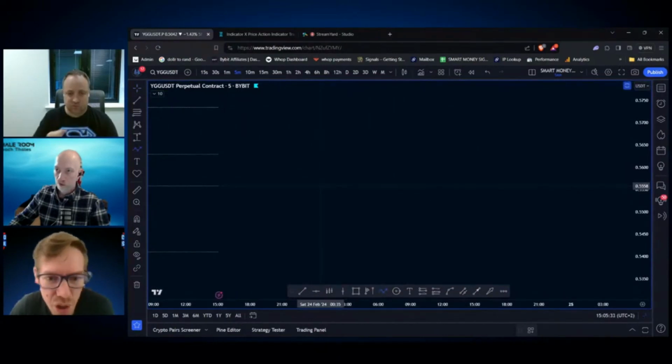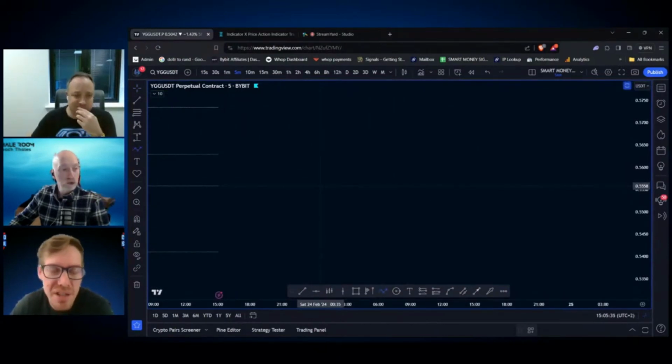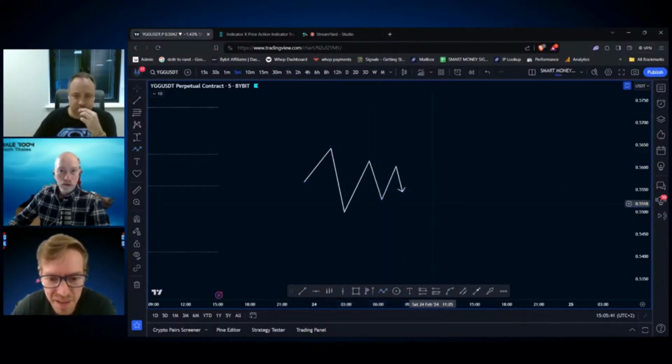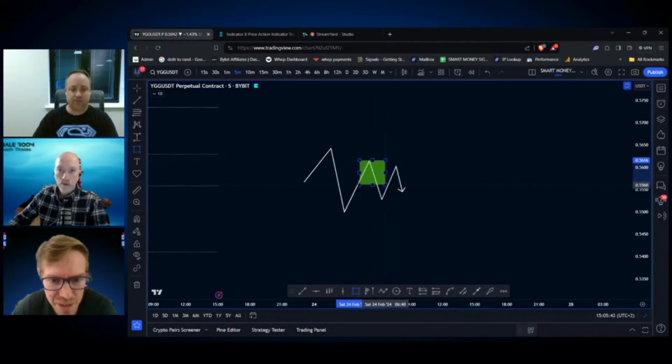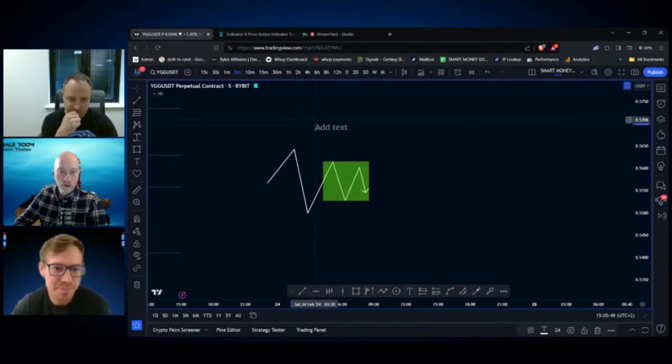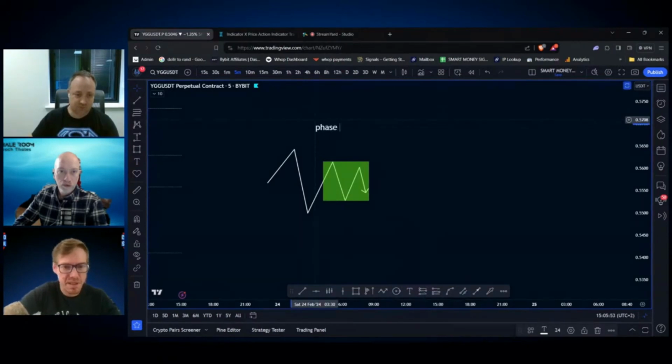And once I show this to you, it's going to completely change the way you see the markets. So what happens is price goes into contraction. Then we get this contraction box being formed. This is what we call the first phase in the market cycle. So phase 1, the contraction phase.